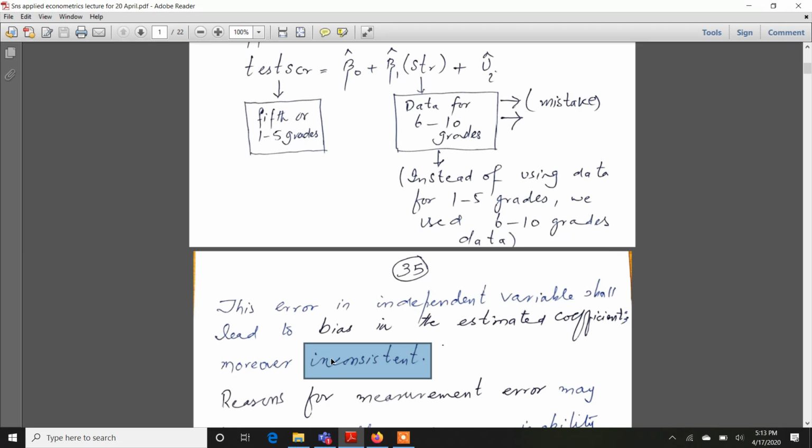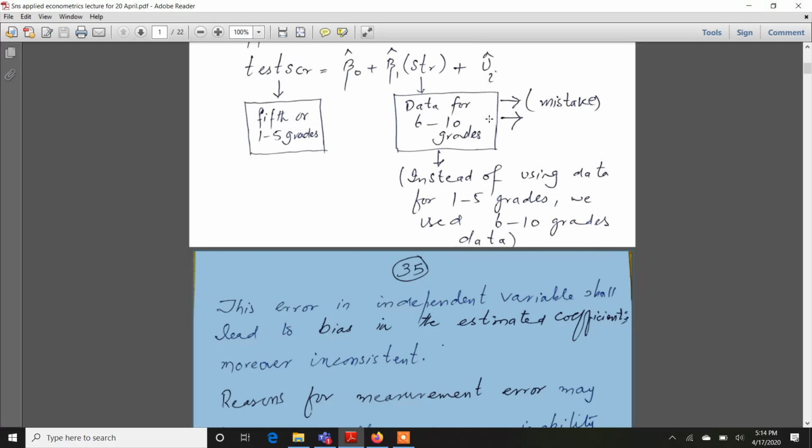Or even in a large sample, if beta hat is not converging to the actual population beta, that means this beta hat is inconsistent. So by now I have established that when there is measurement error in the variables, the betas become biased and they become inconsistent. Okay?